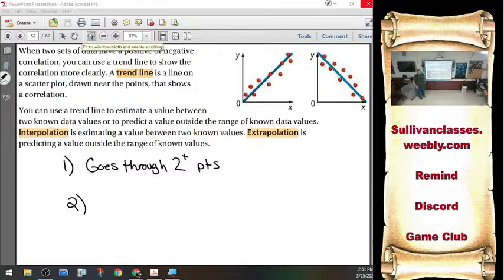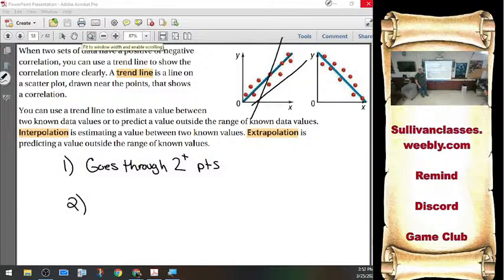What do you notice about both the lines that they made? Yeah, they go through at least 2 points. What's something else you could say? Okay, we are going to make our line through there. Through where? Am I going to make my line here? Am I going to make it here?